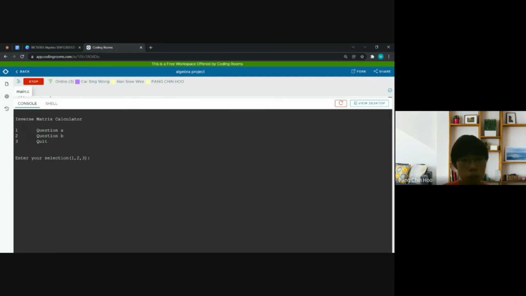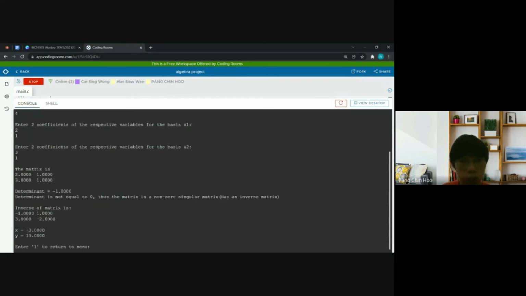First I'm going to calculate the inverse matrix and the determinant for question A. So enter 1. The coordinates for the vector V will be 7 and 4. The two coefficients of the respective variables for the basis U1 will be 2, 1, and U2 will be 3 and 1.